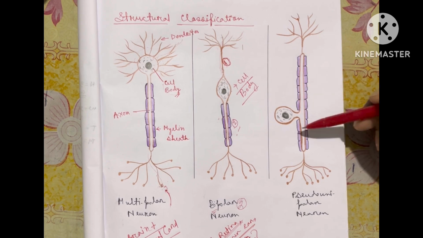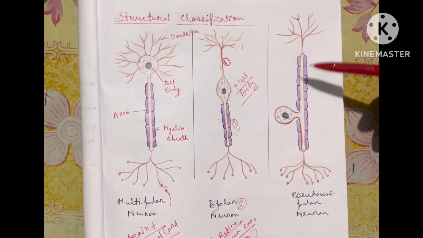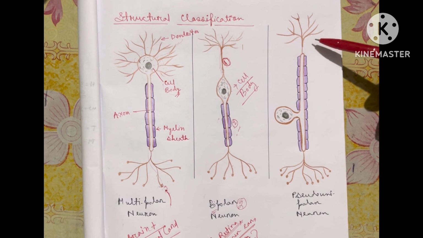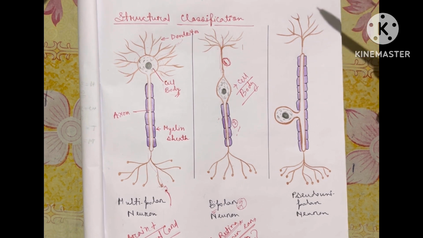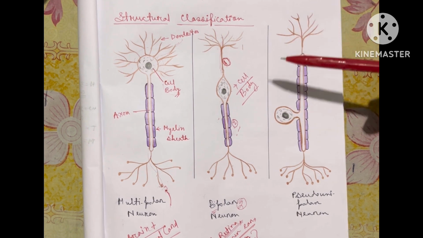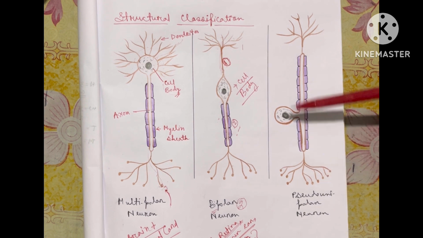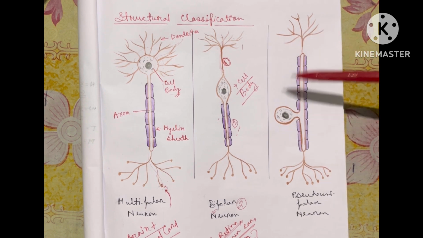They are mostly sensory neurons, and the main function of sensory neurons is to carry the signals from the body, from the periphery, to the brain.